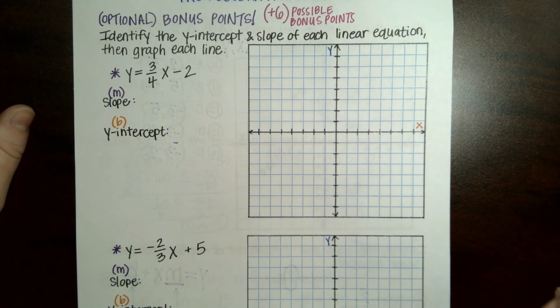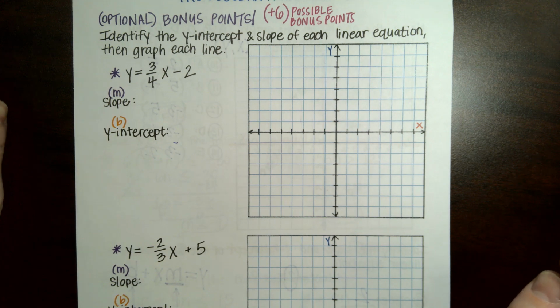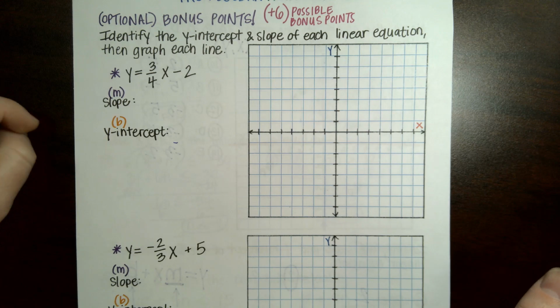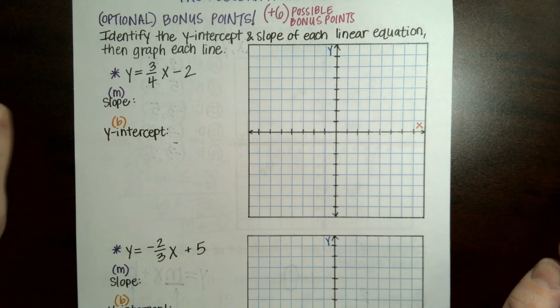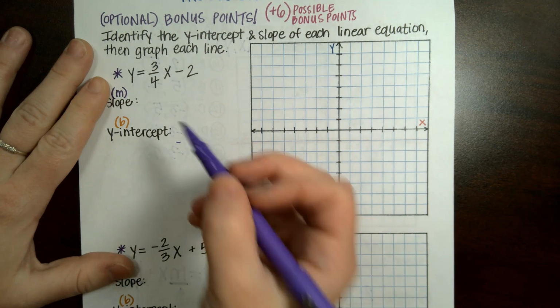So, do we remember what we look at when we graph a line? Do you remember kind of what the first step is, what our starting point is going to be? Yes, so that's our slope. Let's write that down.